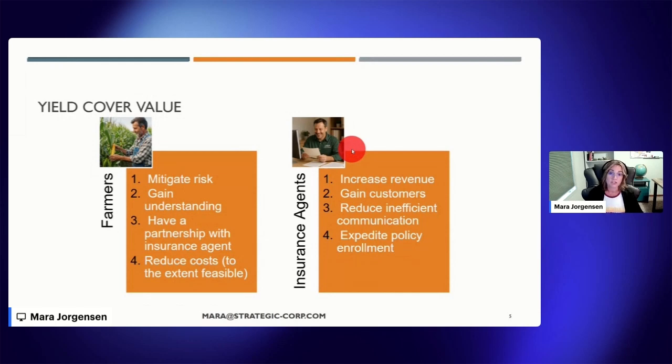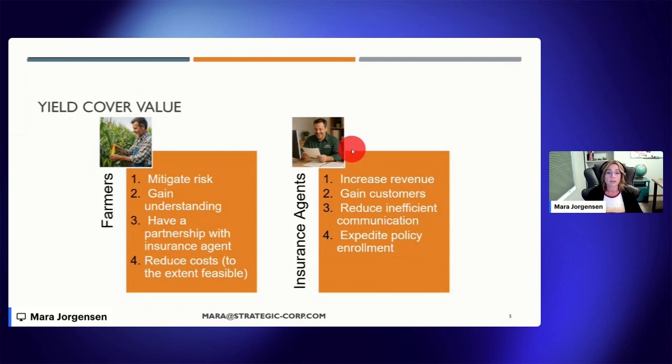The insurance agents, on the other hand, want to increase revenue, and they would do that by gaining customers. They can reduce that inefficient communication that they do today, and they could have a lot of the communication be automated, but still have that personal touch at the end or throughout the process, but they don't have to actually manually be creating documents and data for the farmers.